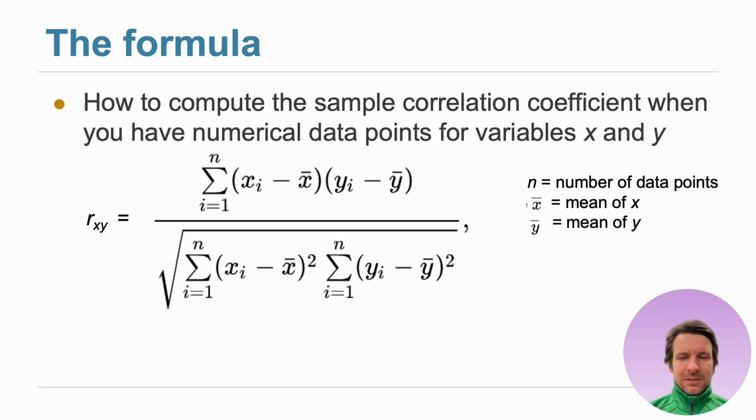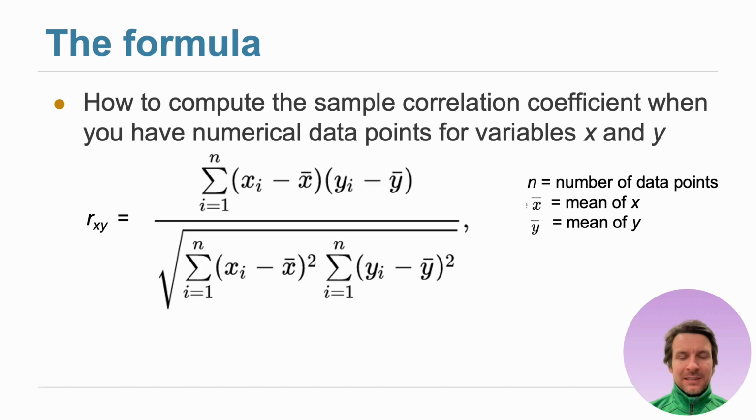We will see on the next slide how the calculation goes. What's important is you can try to look at what happens if x_i is equal to y_i for all i, right? So if they are always the same, then the means are also the same.